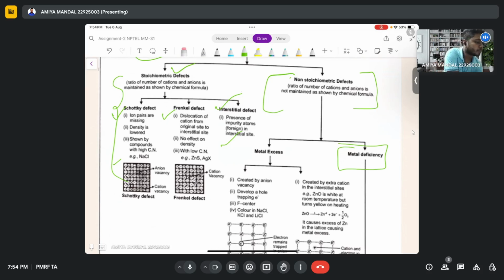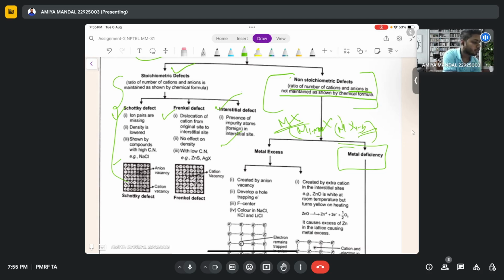The ratio of the number of cations and anions is not maintained as shown by the chemical formula. There will be some difference, like M1+yO or MO1-y. This means reduction or oxidation will happen in these cases.